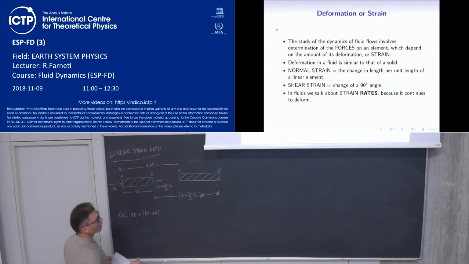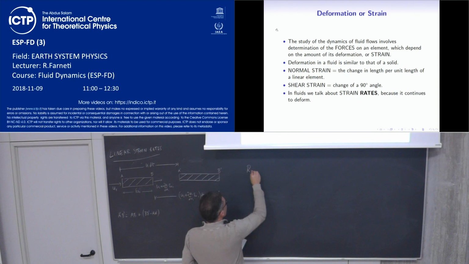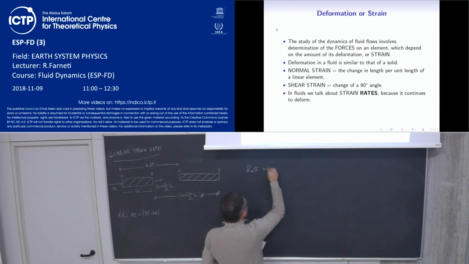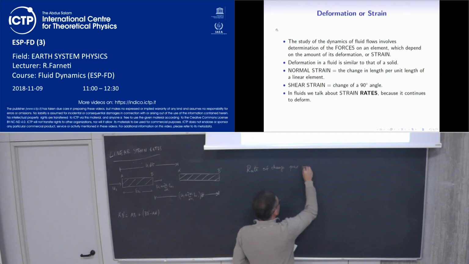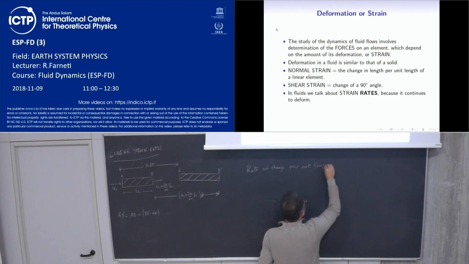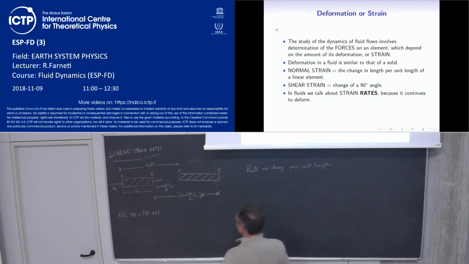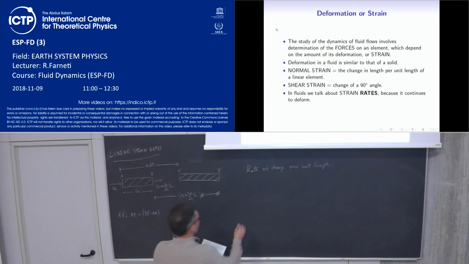So what is the rate of change, which is what is interesting? The rate of change per unit length. Okay, we don't care about the delta x1, per unit length. So what is the rate of change of this element of fluid per unit length?